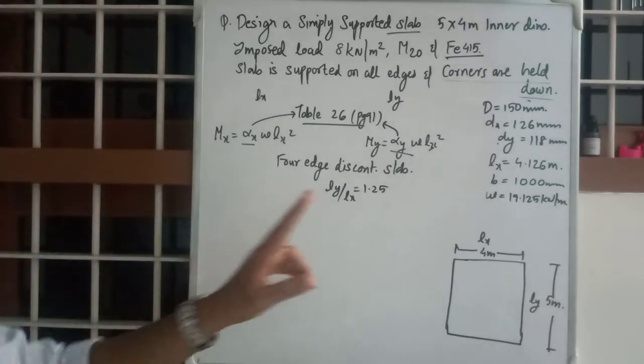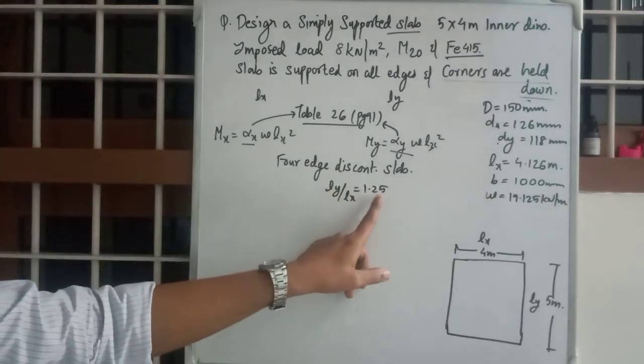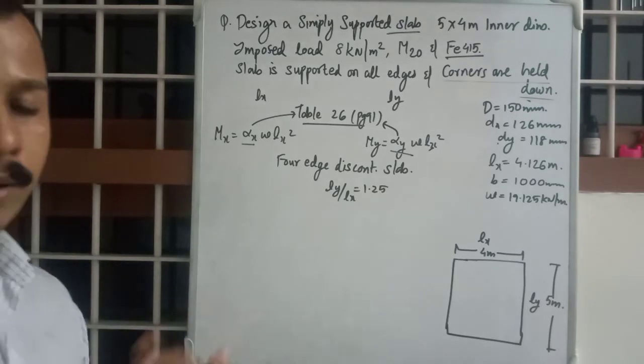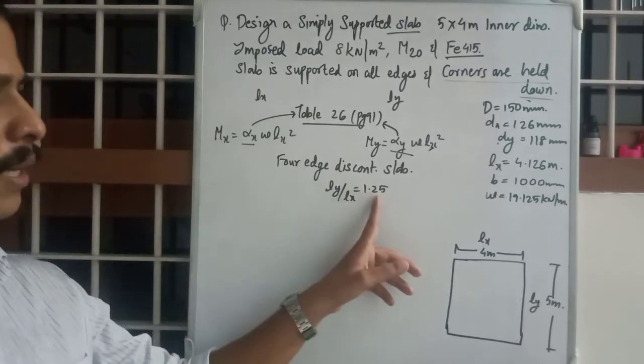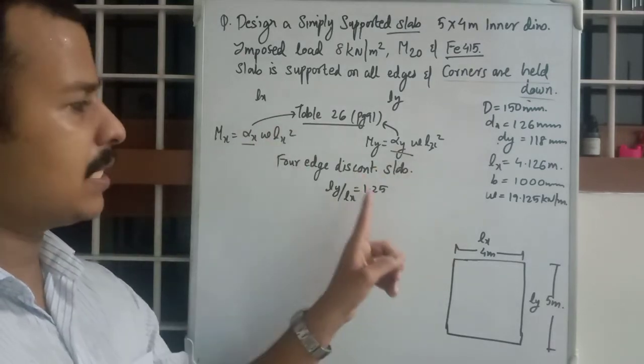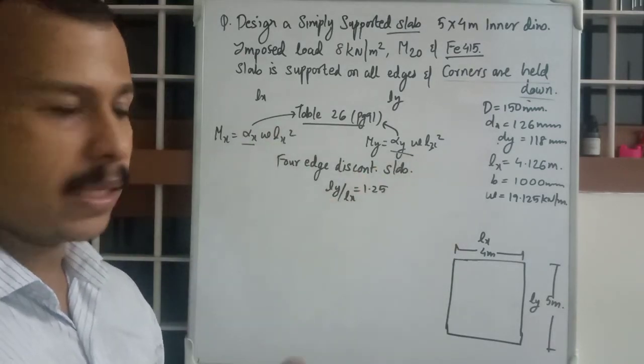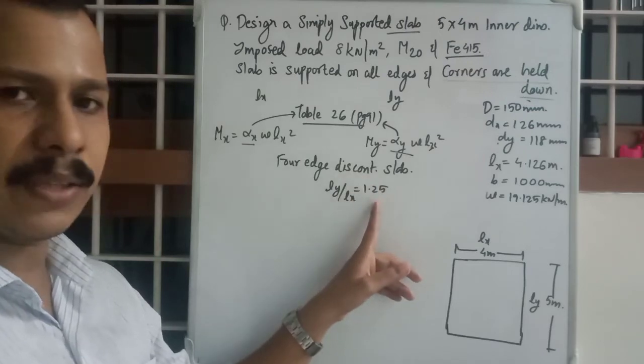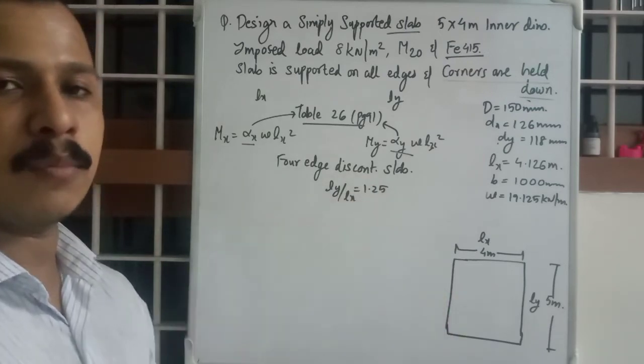Okay, so the corresponding values for 1.25 you will have to interpolate. As it is 1.25, you will have the 1.2 values and 1.3 values. So it is easier now, you can just take the average. But if not, you need to interpolate the value from those two values.